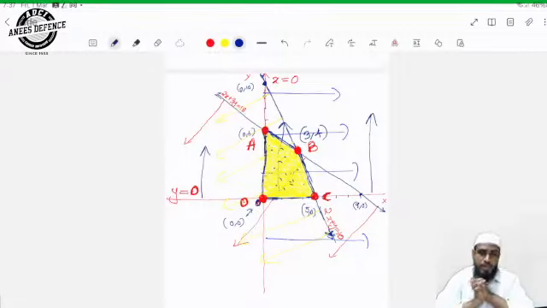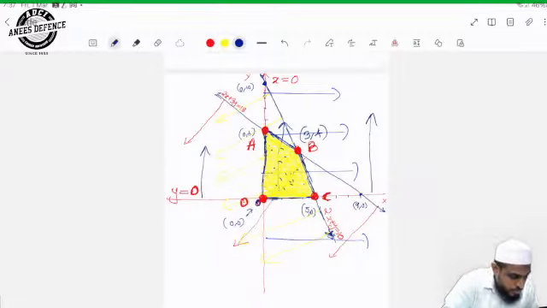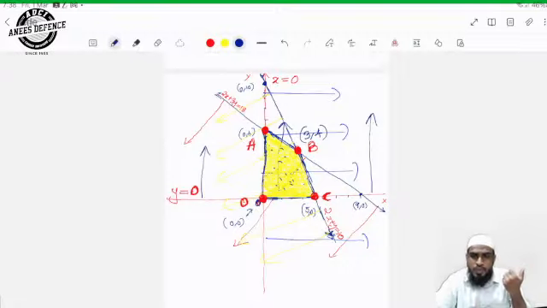We have an objective function. Sometimes it may be to maximize the objective function, sometimes to minimize it. Here our task is to maximize. Optimal solution means it optimizes the objective function.